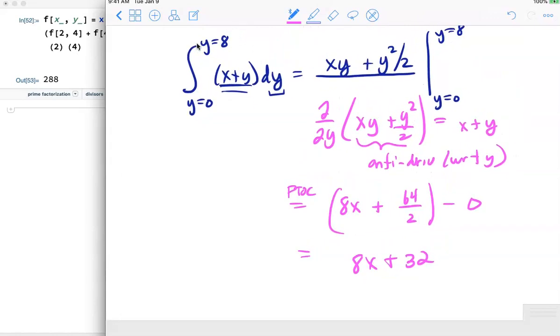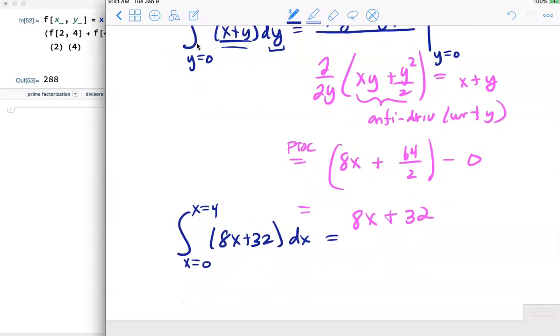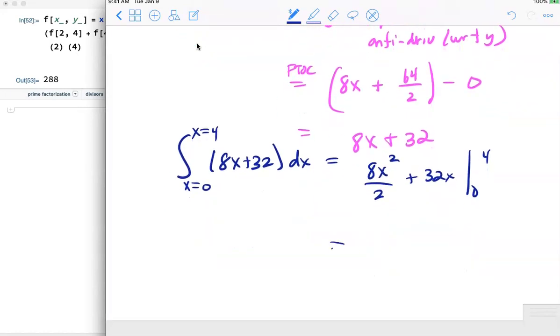And that is what then goes to the next integral, the x going from 0 to 4, 8x plus 32. And you can see here that in calculus 3, a double integral becomes just two calculus 1 integrals in a sense. And now we're down to a calc 1 integral, and you can integrate with the fundamental theorem of calculus: 8x squared over 2 plus 32x, evaluated from 0 to 4.